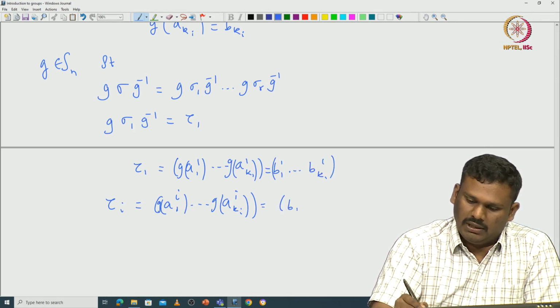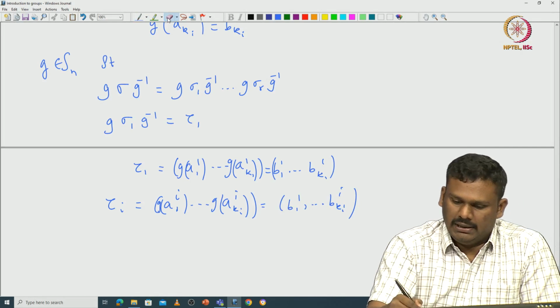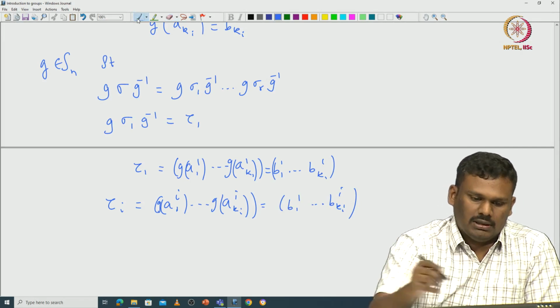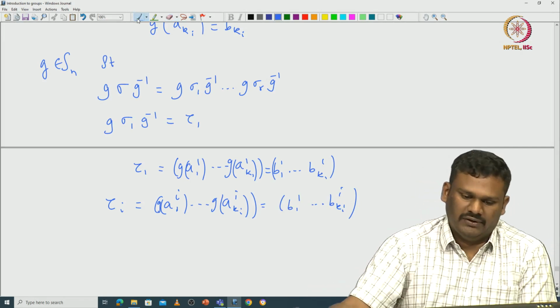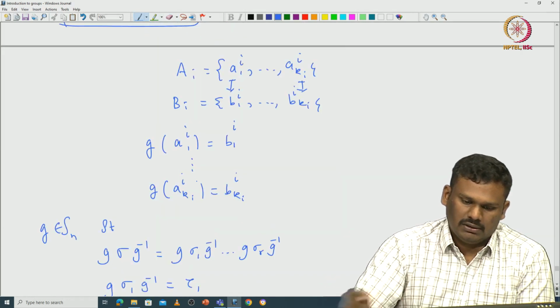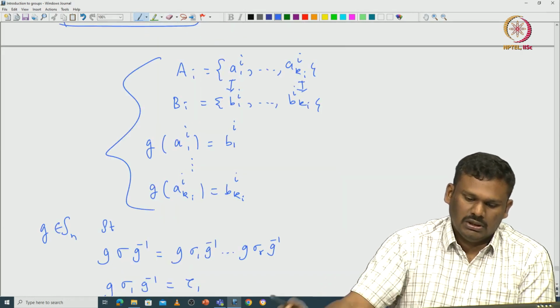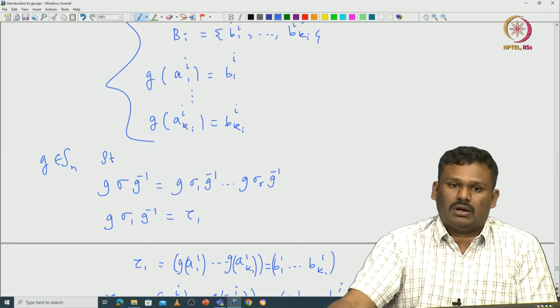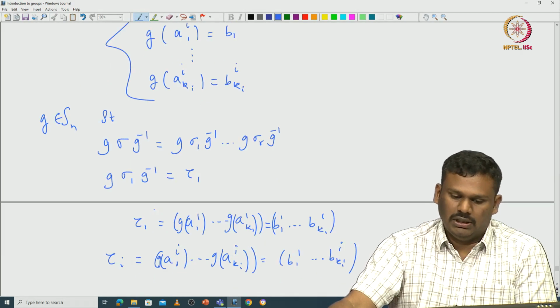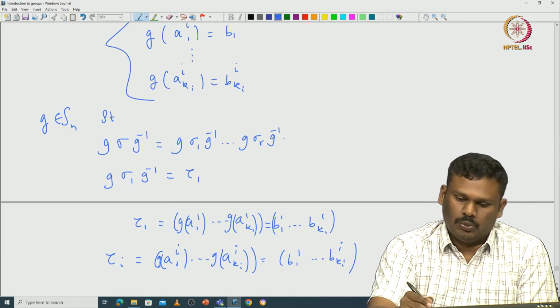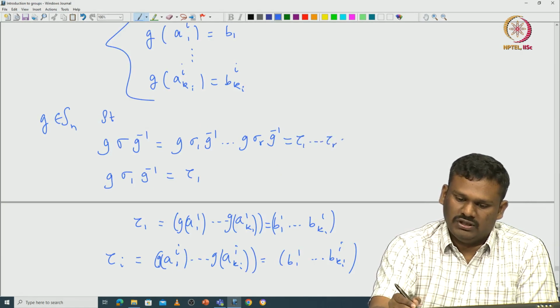Similarly, b1i etc. bki. So, in particular, this g, defined using these conditions, when you conjugate sigma by this g, you obviously get the product of the tau i's, which is going to be tau.